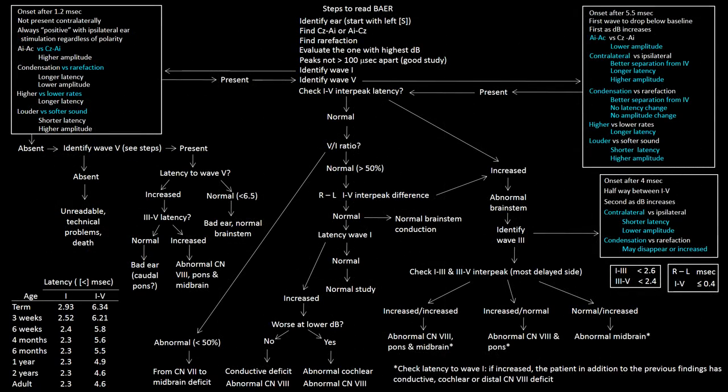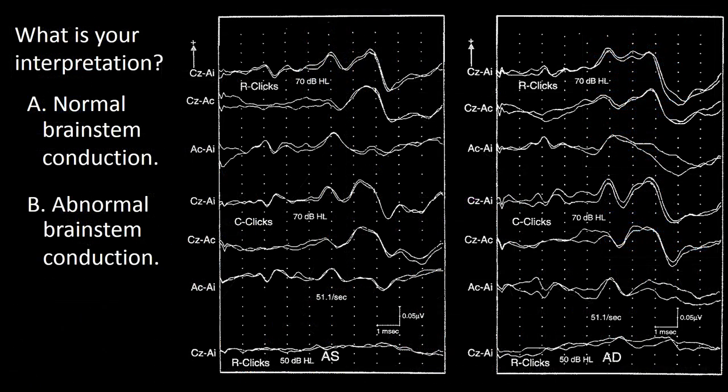From the prior discussion, you can surmise that taking the same step to identify wave 1 and wave 5 on the right side, and making the same considerations when we do so, will reveal that the brainstem auditory conduction brought about by right ear stimulation is normal, as pointed out in this frame. So the answer to this question is A.